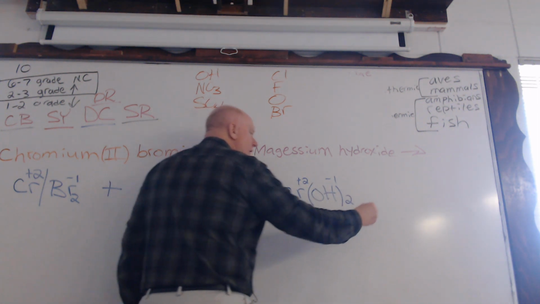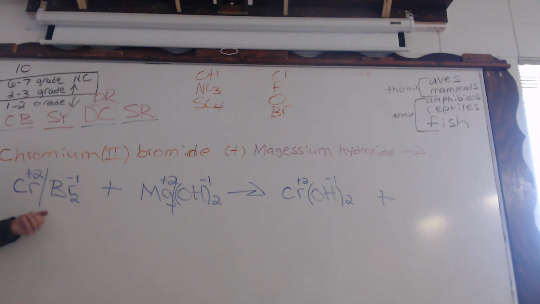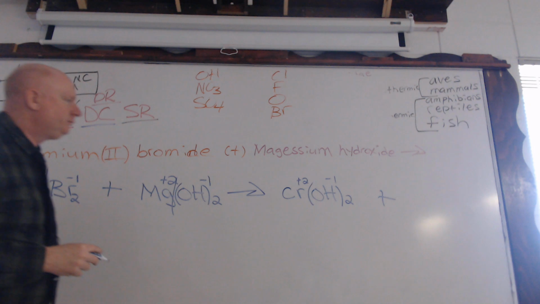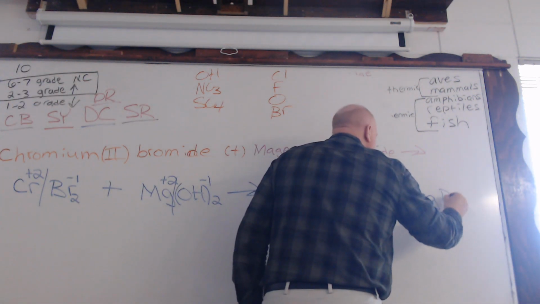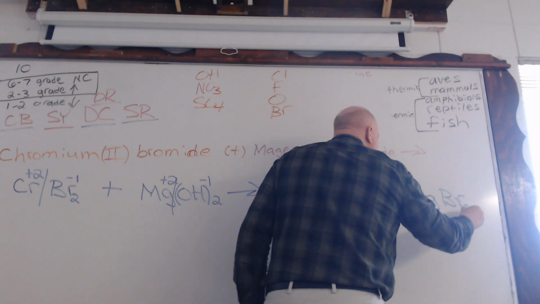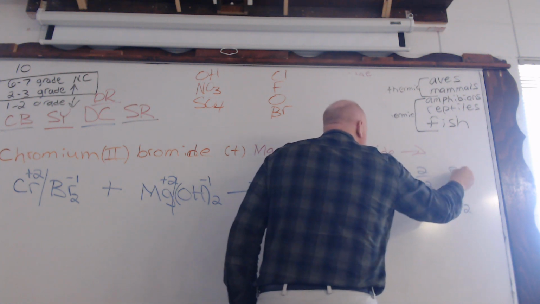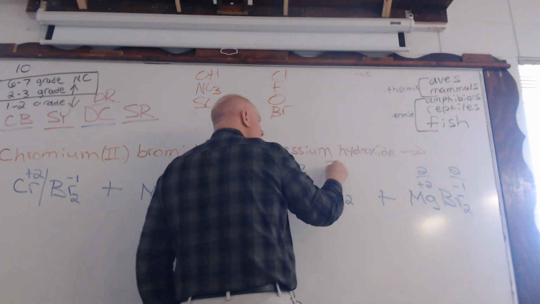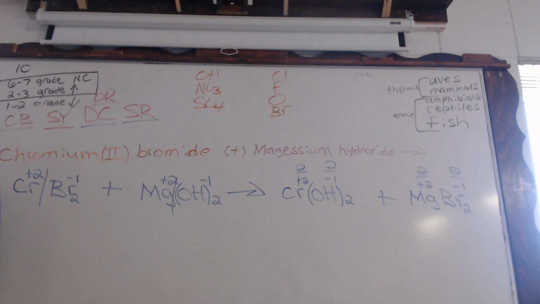Okay? And then what's left over? Magnesium. Magnesium bonds to what, but on that side? Bromide. Okay? And the 2 will come over only because the charges do not change, just like what we saw here. Do we have to do anything else to that reaction? Oh, no, you don't.